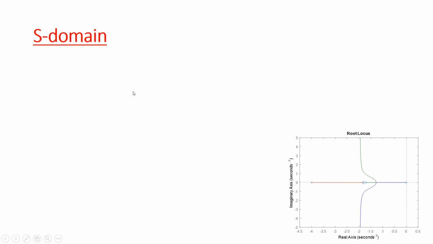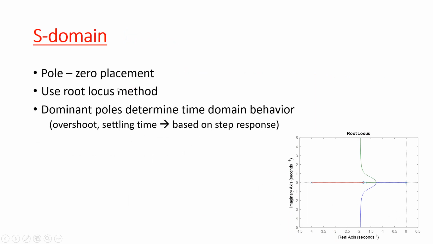Then there is the S domain, and in the S domain you could use pole zero placement methods, and the method which you use in that case is based on the root locus. And what you are doing in that case, I'm not so familiar with it, is that you place dominant poles determined by the time domain behavior like overshoot and settling time, because these overshoot and settling times, when they are based on a step response, determine where your dominant poles might be in your system and what the forbidden area should be.